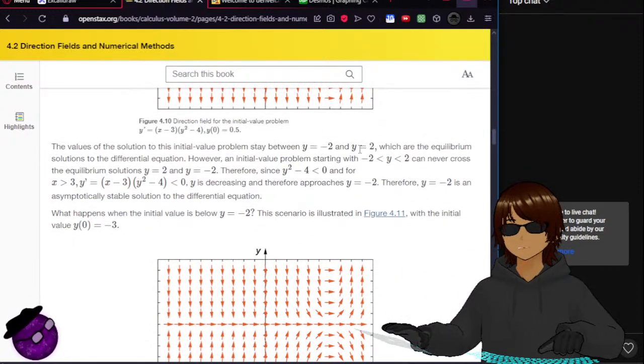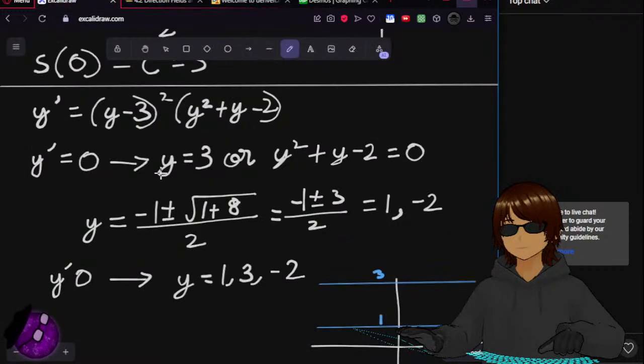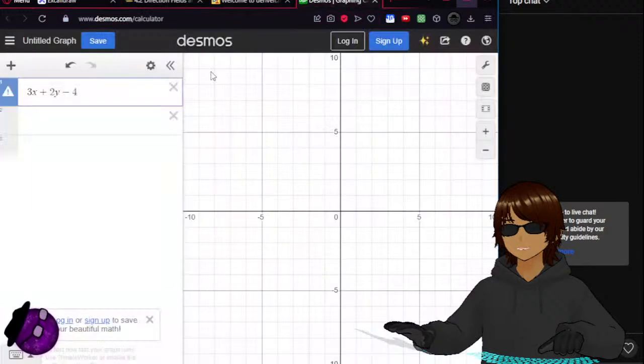So between minus 2 and 2. So if y is less than 3, between 3 and 1, 1 square plus 1 minus 2. Oh, it is 1.75 square.